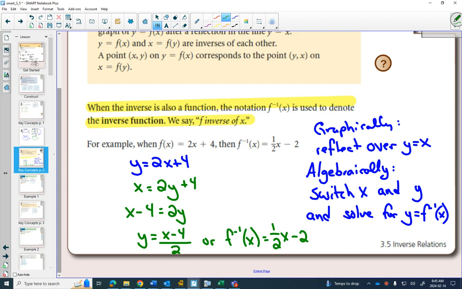And if I had x minus 4 over 2, I could write that instead as x divided by 2, which is the same as a half x minus 2. This is nice because it's in y equals mx plus b form, so you could graph it really easily.